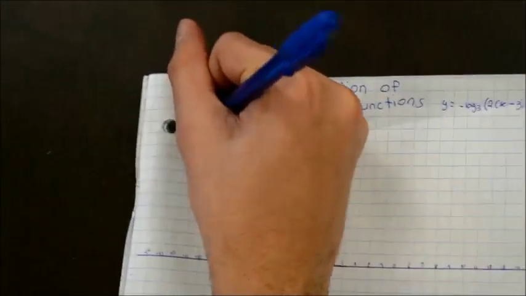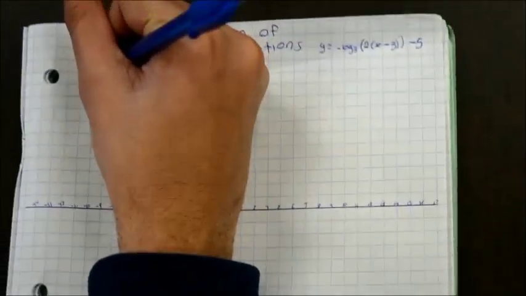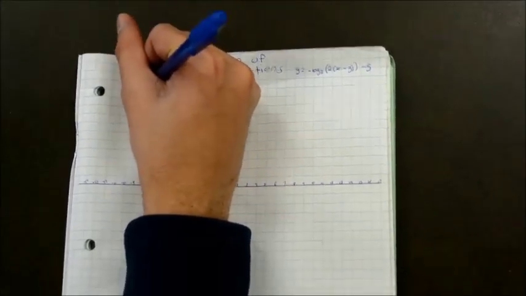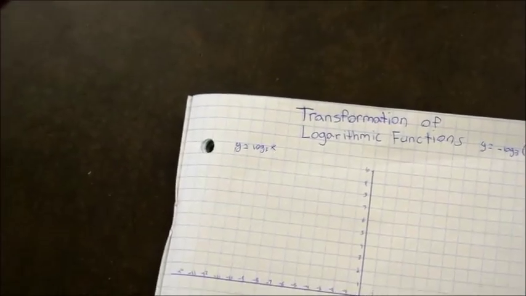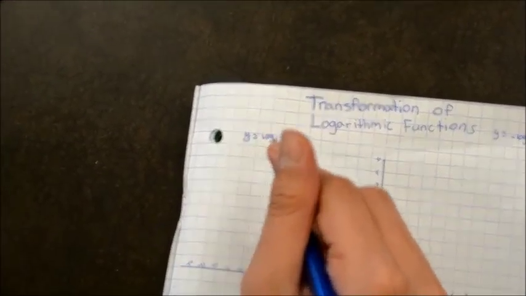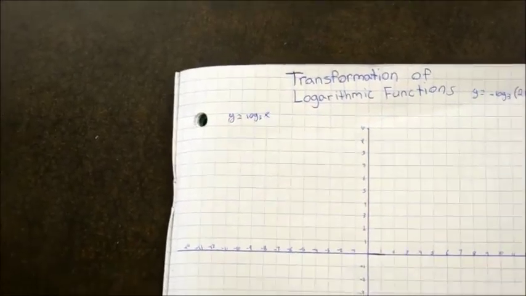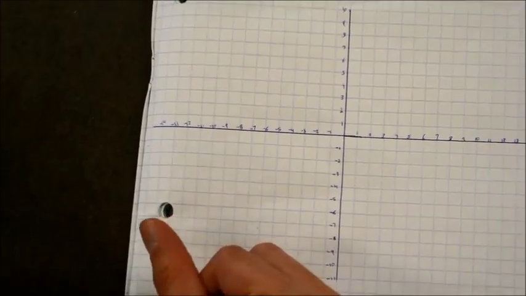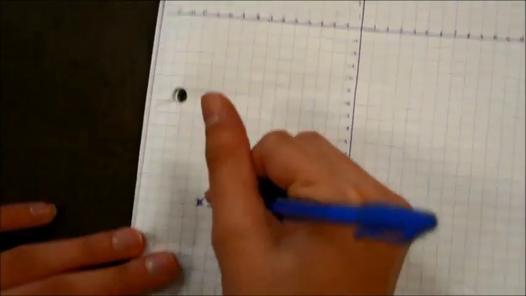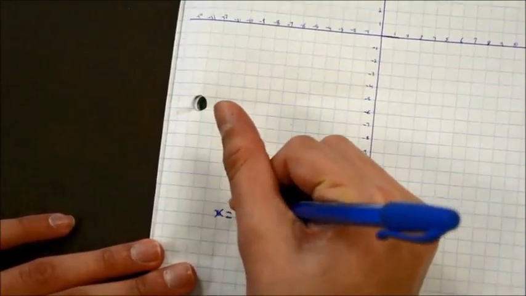Our basic function is y equals log base 3 of x. So to graph this, what we're going to do is first we have to change it to exponential form. So when you change it to exponential form, it's going to equal x. x equals 3 to the exponent y.